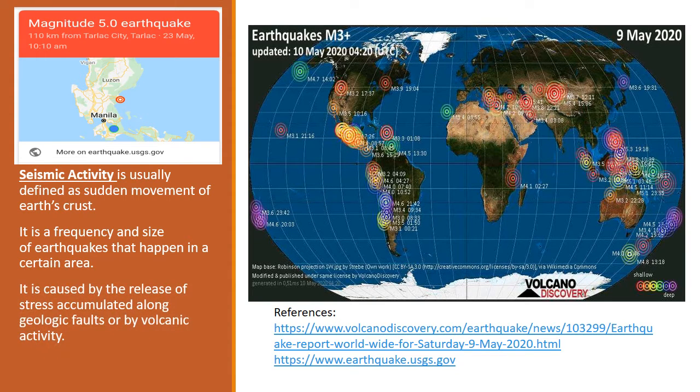And it is caused by the release of stress accumulated along geologic faults or by volcanic activity. So an example of seismic activity is how often earthquakes occur. So mapapansin ninyo iba't ibang magnitude sa iba't ibang bahagi ng mundo ang sabay-sabay na naranasan noong May 9, 2020.